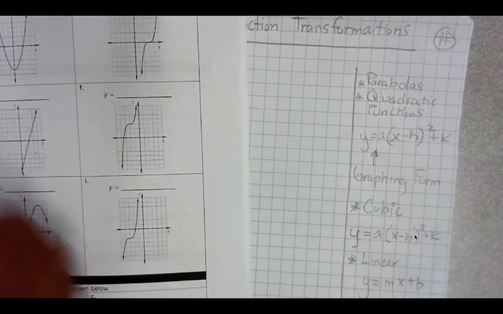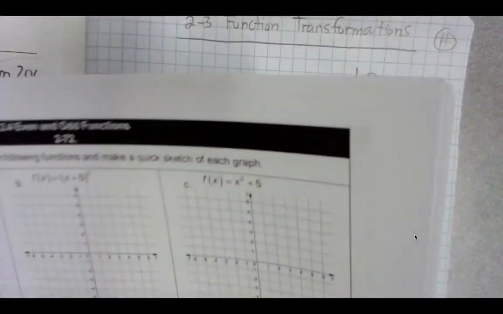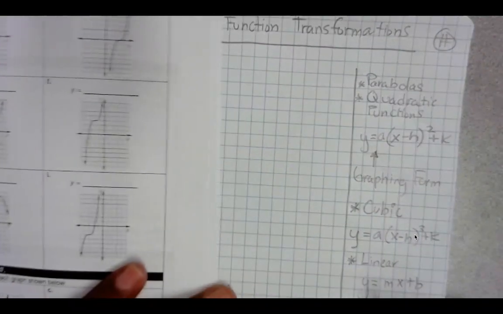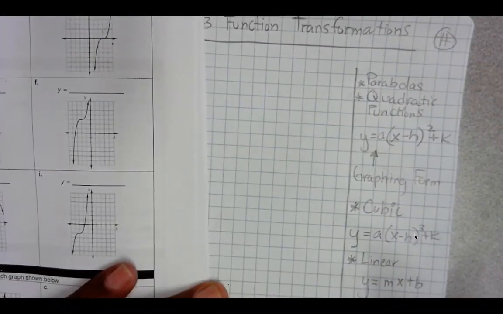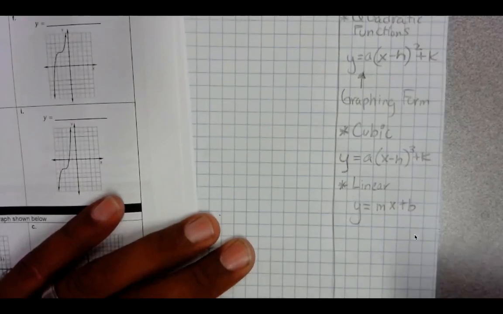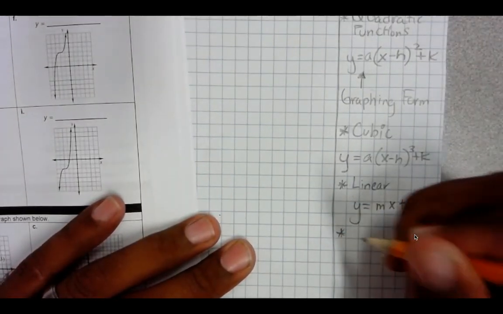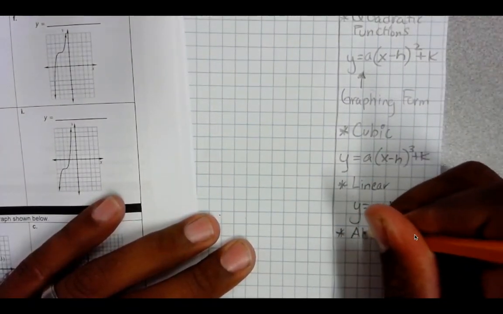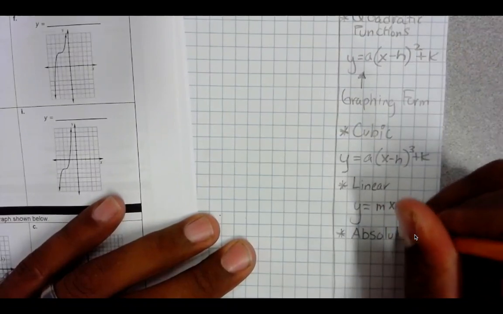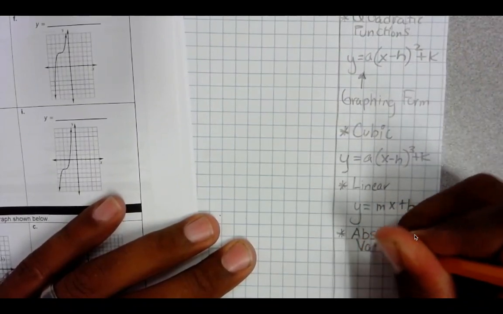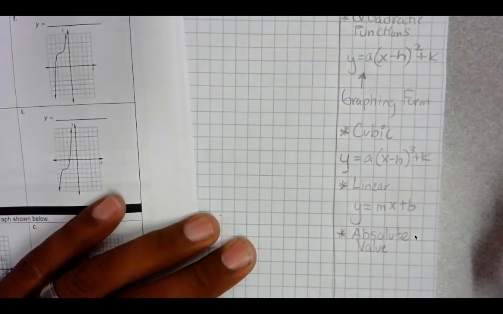The other one that's not on here that you would see mainly in IXL, there's an IXL assignment for it left from last week, is absolute value. So what does the graph of an absolute value function look like?